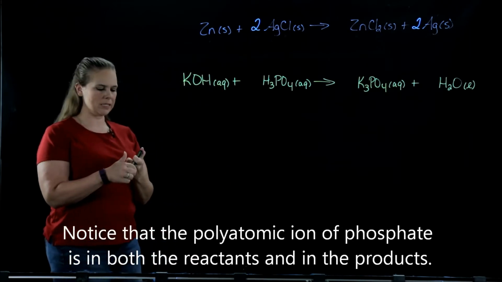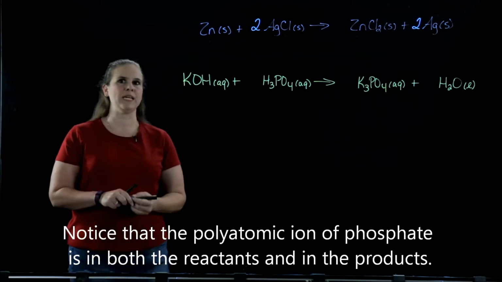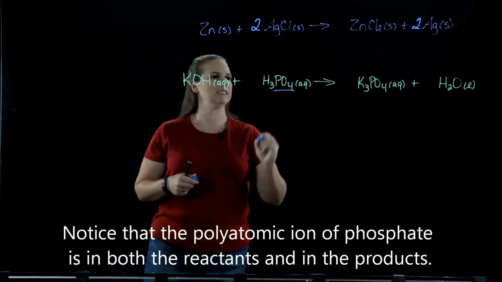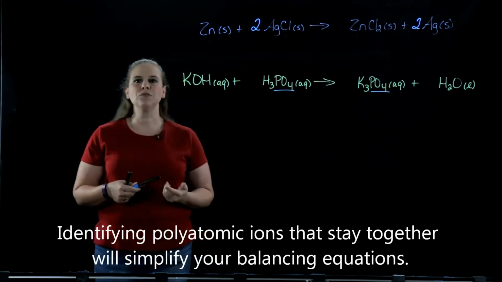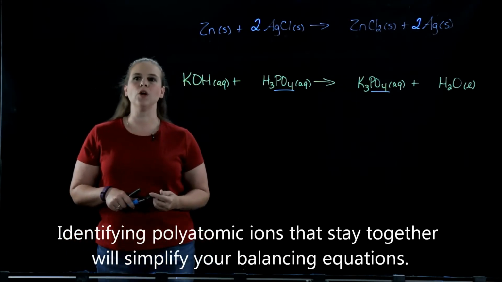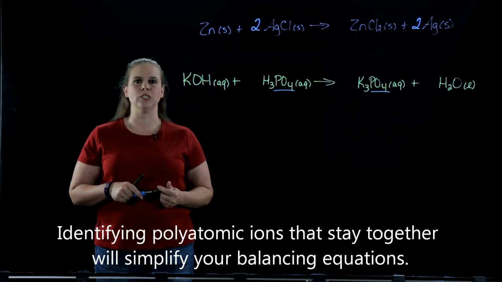Notice that the polyatomic ion of phosphate is in both the reactants and in the products. Identifying polyatomic ions that stay together will simplify your balancing equations.